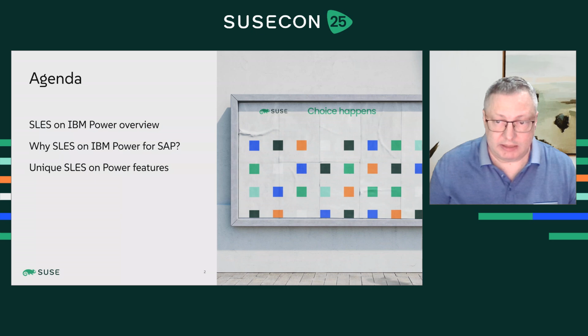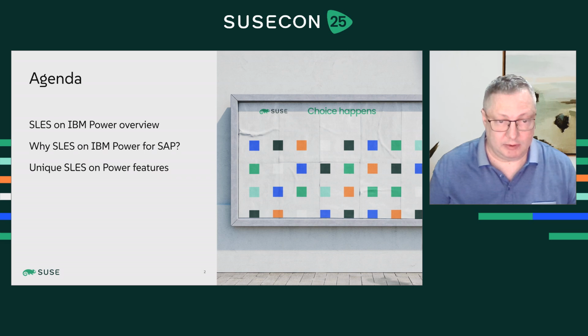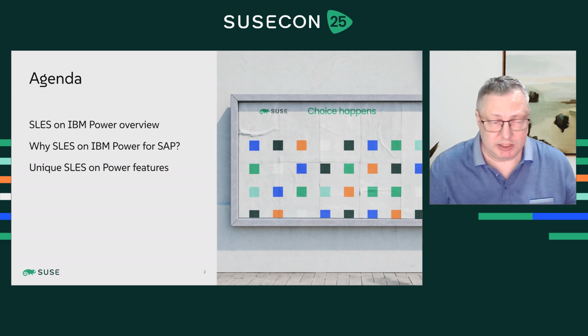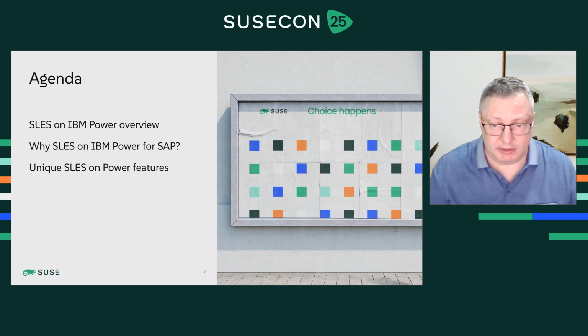Then we'll look at SAP and why the IBM Power platform running the SUSE Linux Enterprise Server operating system are an especially good environment for SAP deployment. We'll look at the architectural advantages, and then we'll look at some of the unique SUSE Linux on Power features that are only available on that combination and no other platform has them, which is why they're so exciting.